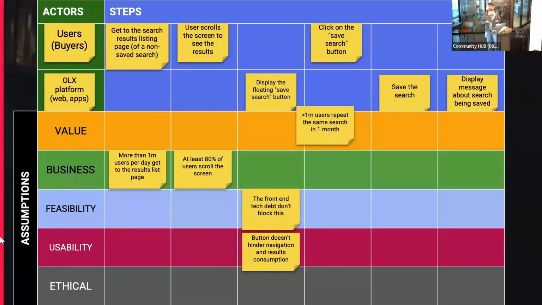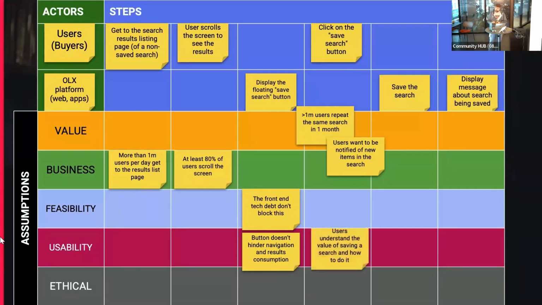They search once and they disappear. Maybe there are other problems with that, but also a value assumption is that users want to be notified when there is a new item in the search. We want them to save the search because we want to notify them when there is a new item that they can buy, so they will contact the seller, which was our goal.